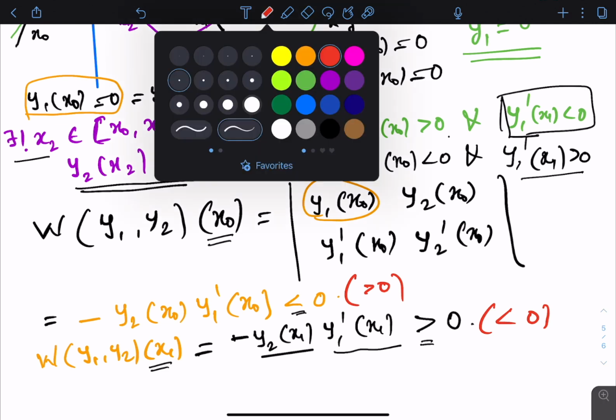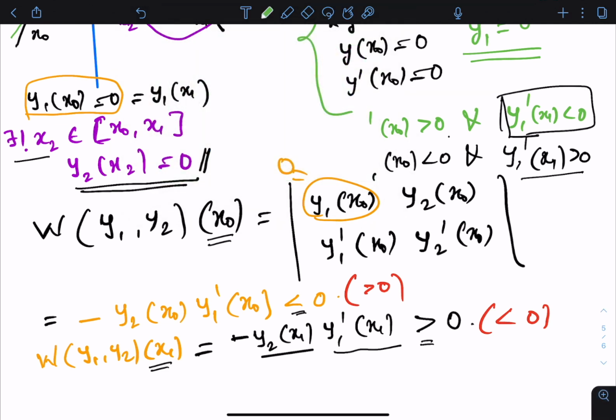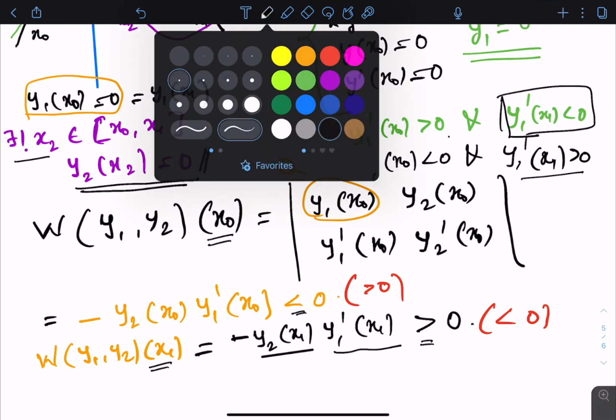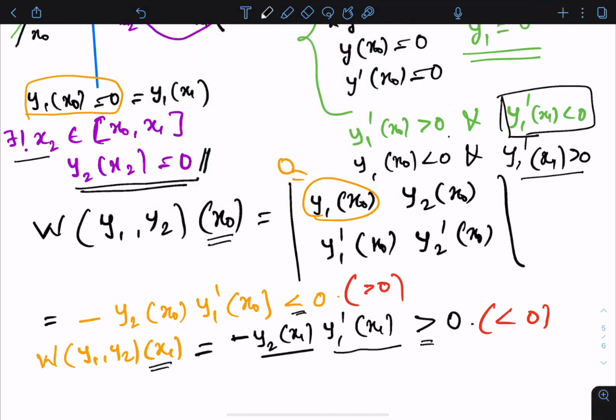So this was y1 prime and this is also y1 prime, and if you take the second situation, what you obtain is what is written here in the red.